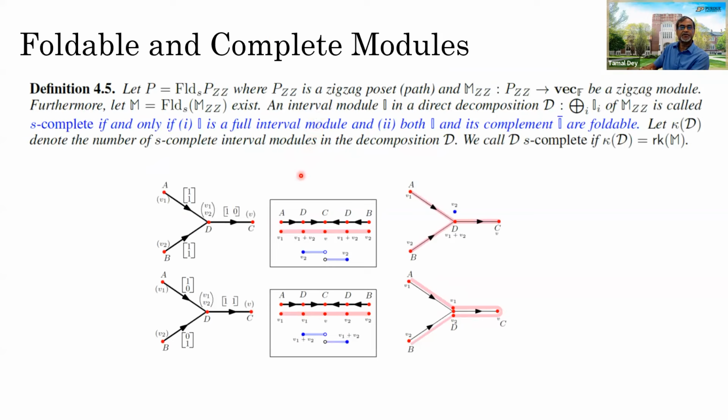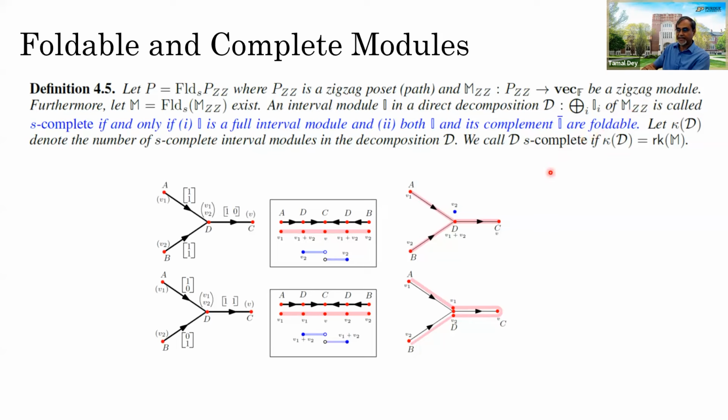Okay, now I'm going to introduce one more term called the complete module. Suppose I have an unfolding of a module M to MZZ, or in the other way, I have MZZ which folds back to M. Suppose I already have that. Then I say that an interval module I in the decomposition of MZZ, so there is a decomposition of the zigzag module, I take an interval module in that decomposition, because every module in the decomposition is an interval module for the zigzag module.